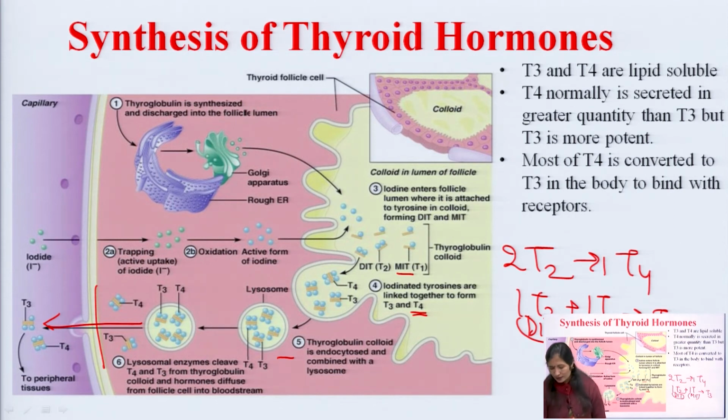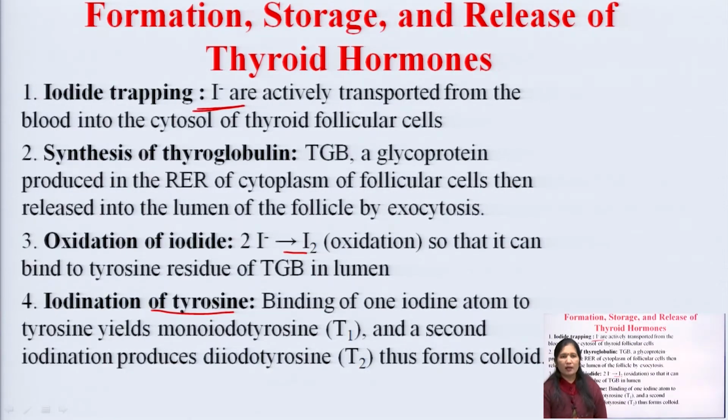So, these are the various steps. The first step was iodide trapping, that is, iodide is actively taken up from the blood into the cytosol of the thyroid follicular cell, then synthesis of thyroglobulin by the rough endoplasmic reticulum, and then this thyroglobulin binds with the iodine.